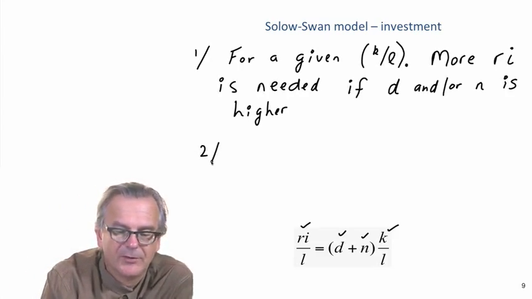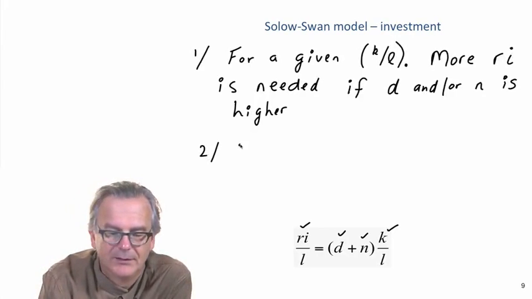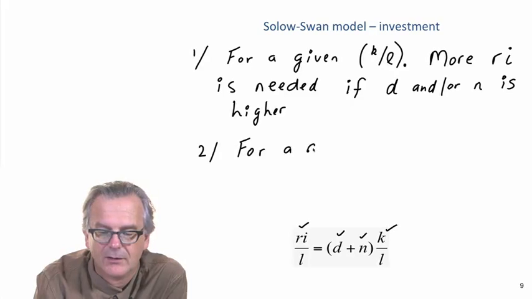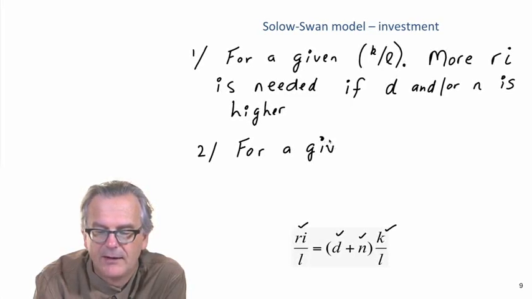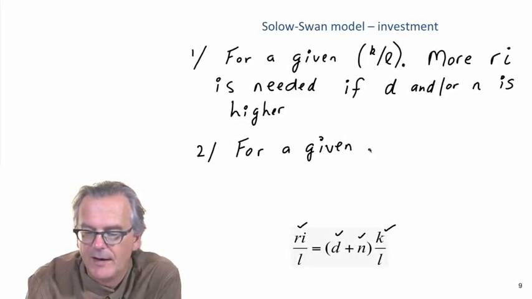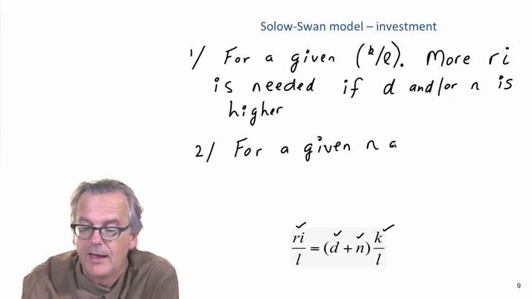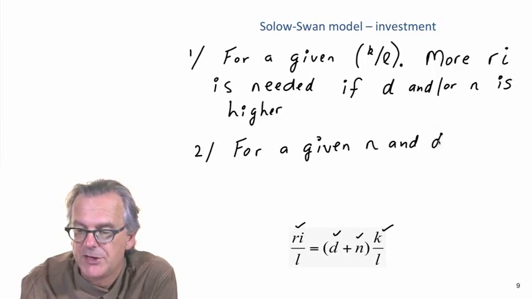The second observation I want to make about this is to think about the following exercise. Suppose you have given values of the population growth rate and the depreciation rate.